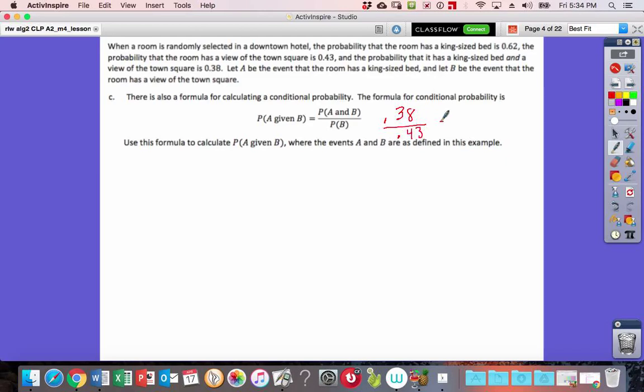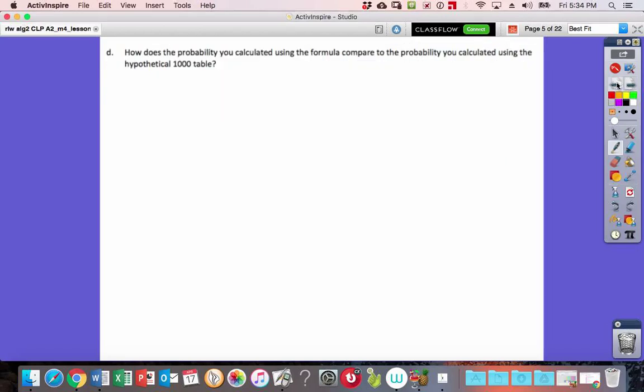I put that in my calculator, and guess what? I get the exact same thing. So this formula is pretty nice. Okay, they're exactly the same, but one takes a little less time, and I get 0.884. So I really like that formula.